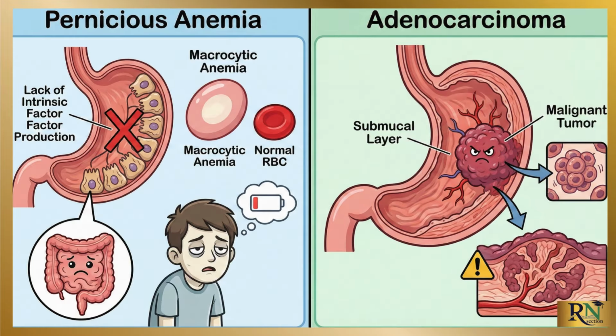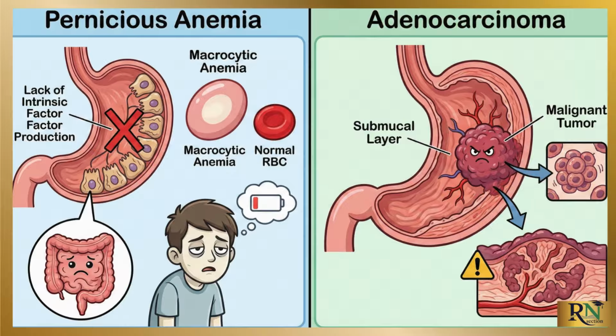Pernicious anemia. This connects the stomach to the rest of the body. If the stomach lining is damaged, as in chronic gastritis, it loses the ability to produce intrinsic factor, which is needed to absorb vitamin B12. This leads to anemia.